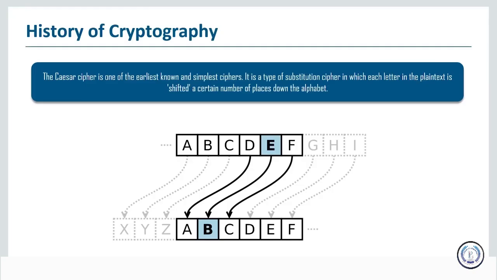It's a simple rotation cipher. By that, I mean that you rotate a portion of the key in order to generate the algorithm. Here's an example. We've got two rows of letters in alphabetical order; we've basically written the alphabet down, and the second row is shifted by three letters.